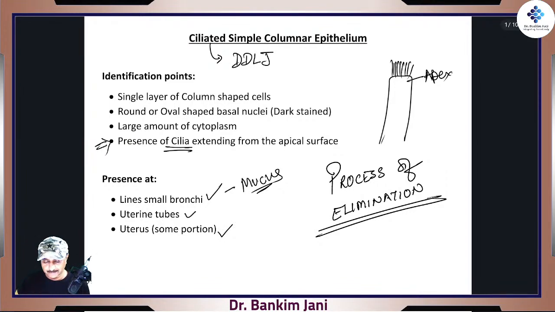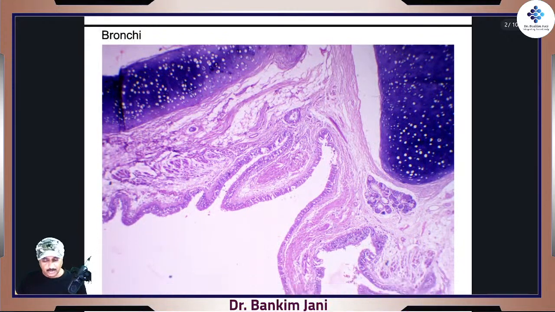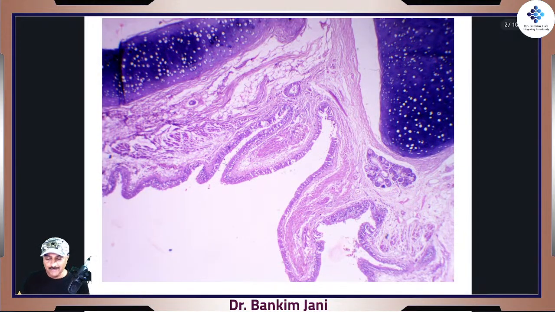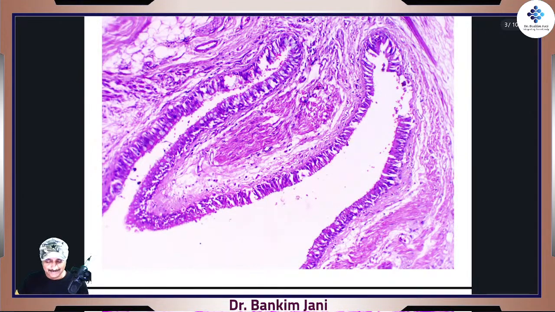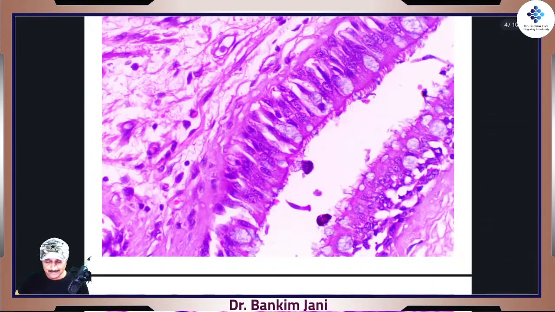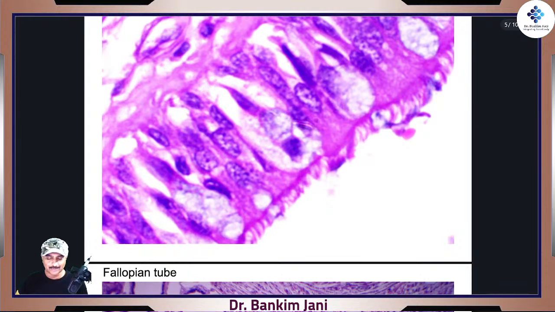Let's see it. Bronchi, even at low magnification, right? Again, we can appreciate the beauty. As we zoom, wow, right? And let's zoom further. See, nice, and still more, no doubt about it.